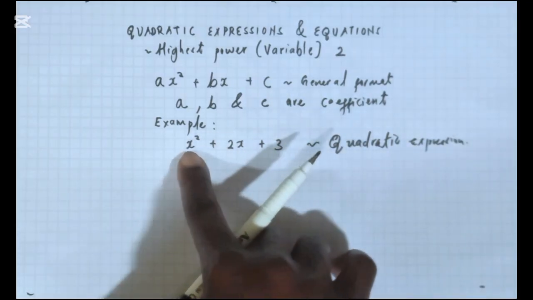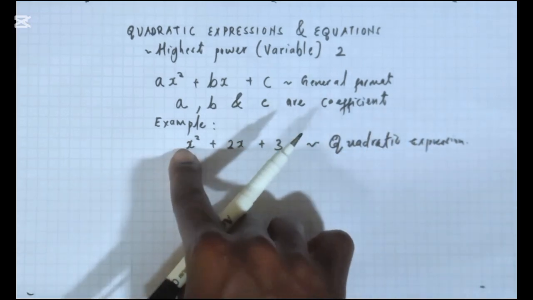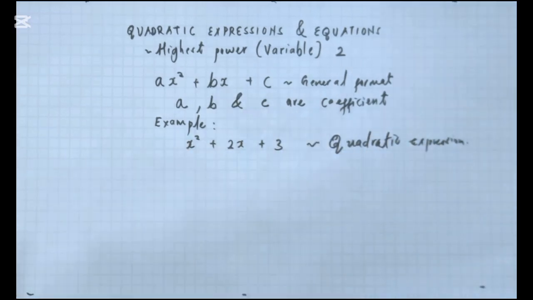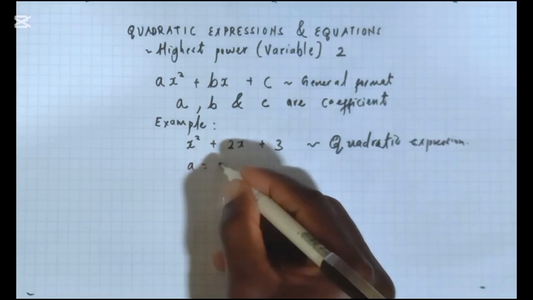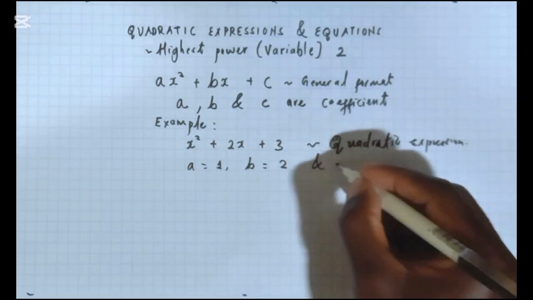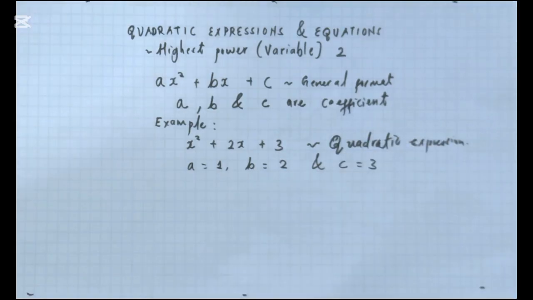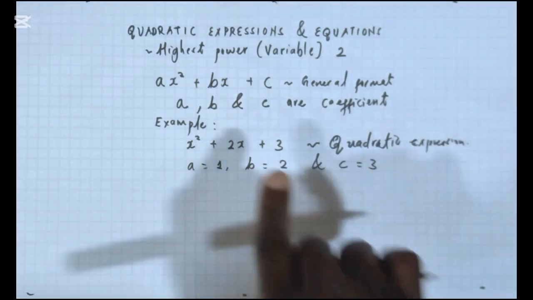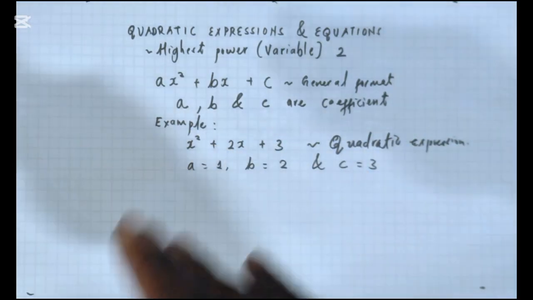So the coefficient in this particular expression will be 1 for a. So a here will be 1, b will be 2, and c will be 3. So those are the coefficients. Of course, the variables in this particular case are just x squared and x.